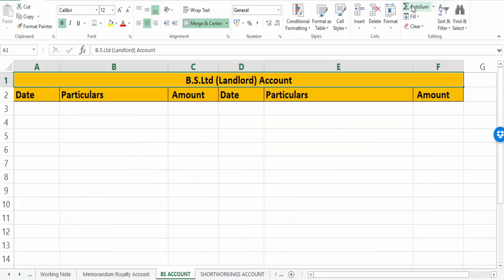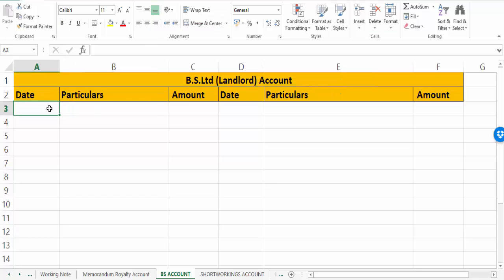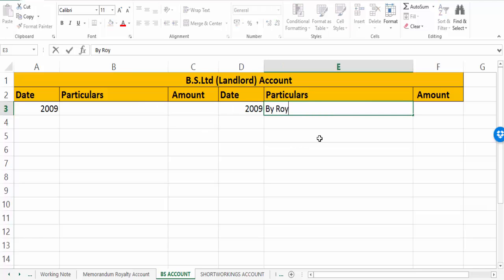Okay, then finally coming to BS limited account, that is landlord account. So what are the entries we'll have here? In 2009, royalty was debited and landlord was created, right? So first capture the entry on the credit side by royalty account.